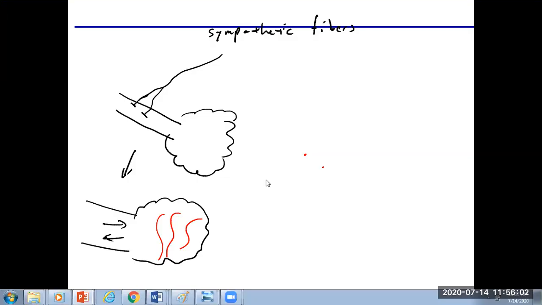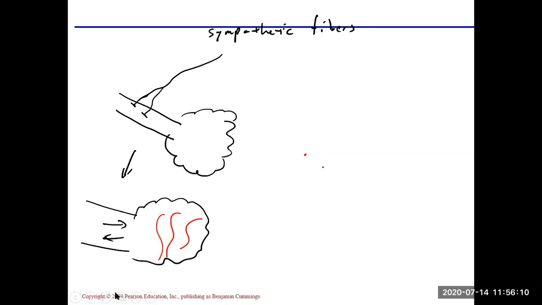All right, so that is what happens in sympathetic activity, and the parasympathetic would be the opposite.